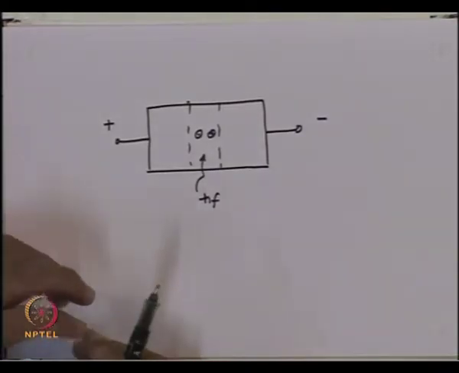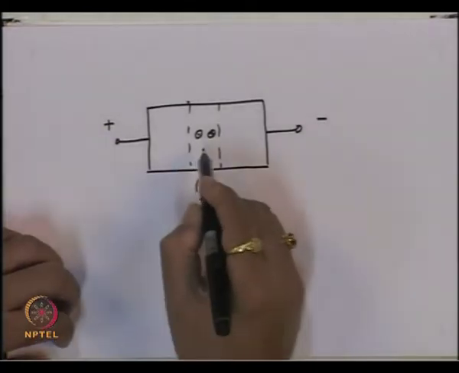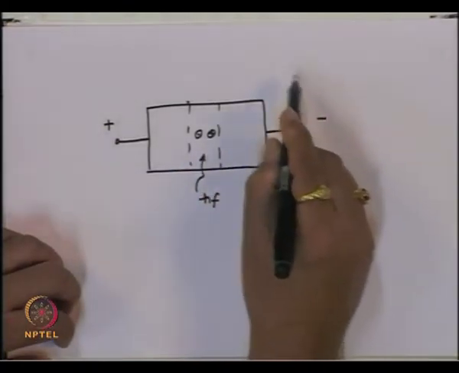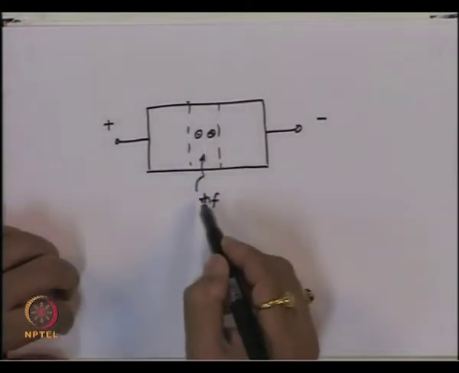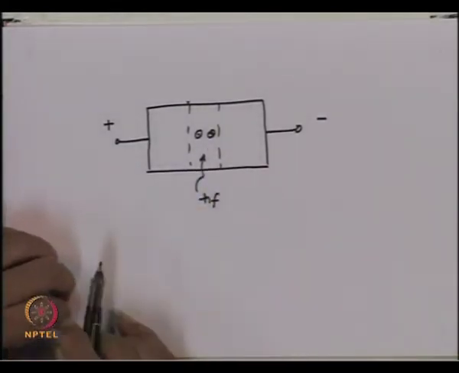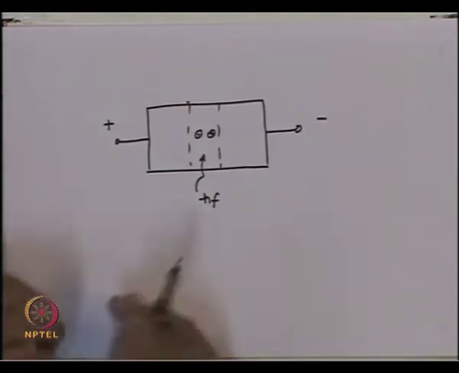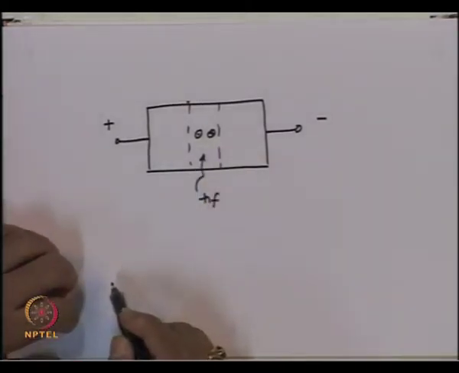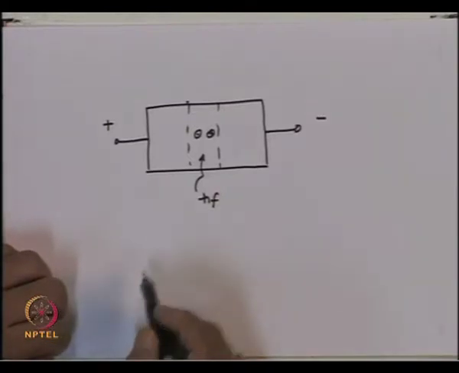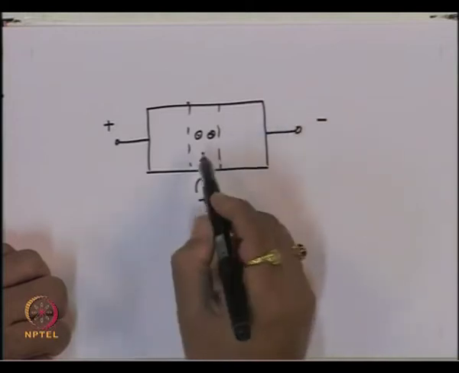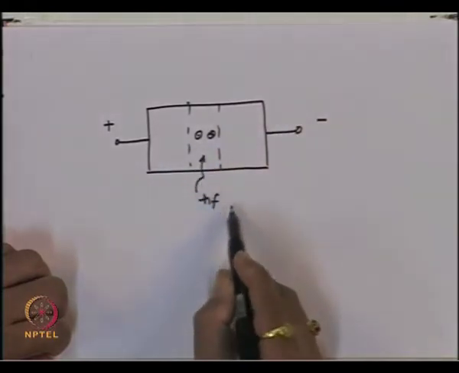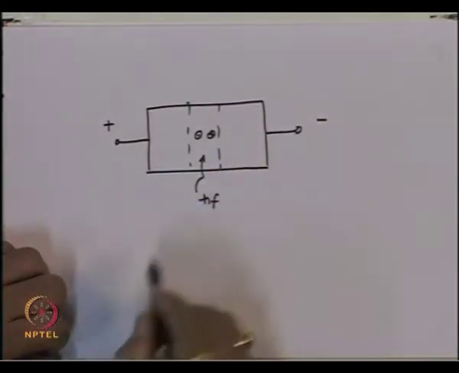So, now the reverse saturation current flowing in the PN junction, added with the photo excited carrier current, or what is called the photo current, is the one which is useful, because this photo current will be proportional to the photon flux which is incident on this device.